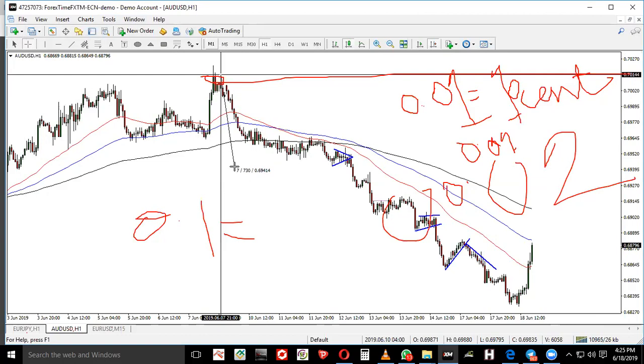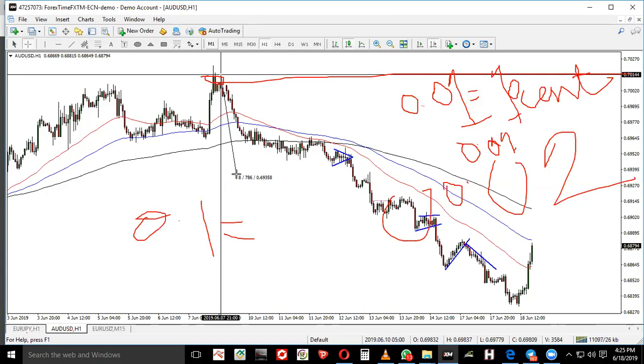Now I want you guys to focus on where this cross is. There is 7, there is 730, and there is 0.9414. Now the first one, guys, this thing is simple. The first one is the number of candles that it has taken for this to reach here. Now the middle one is the price.